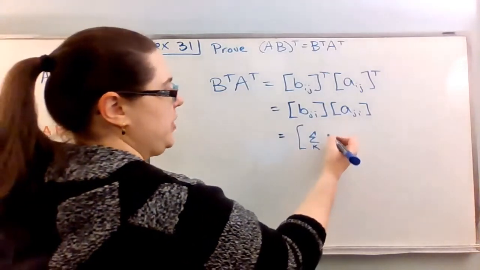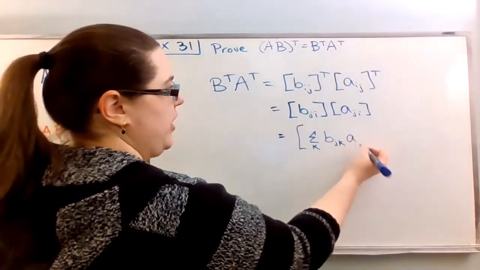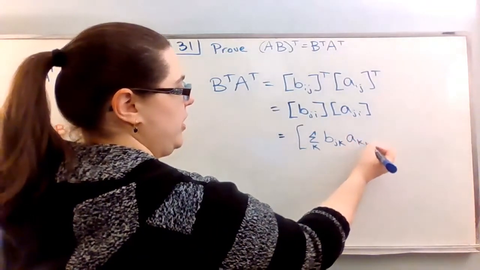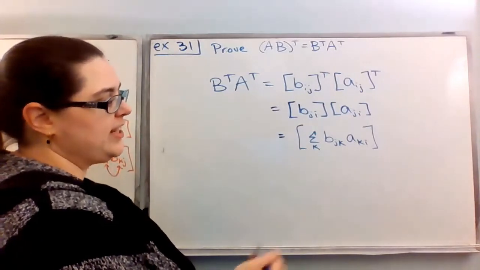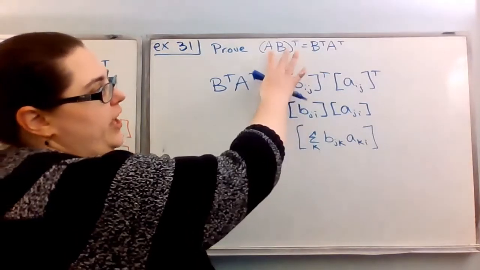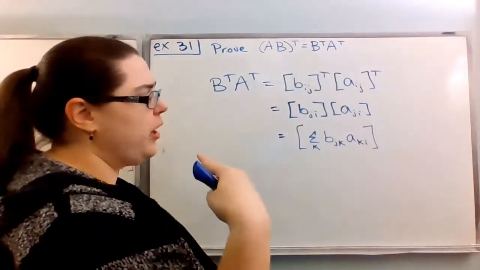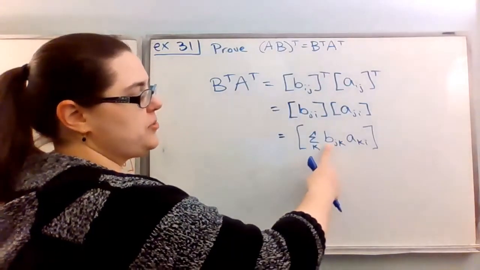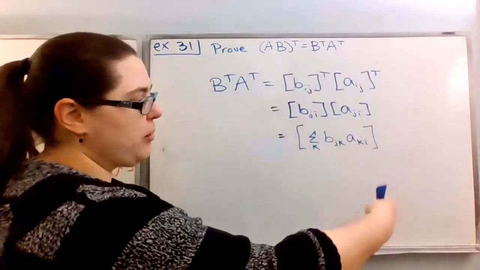So this is going to be B_jk, and then we have A_ki. And now we want to do the same thing as before, because now we want to have AB, not BA. So that trick that we used before is going to be helpful here, because I'm going to write this in terms of the transposes, so I can again switch the indices and we get it in the proper order.